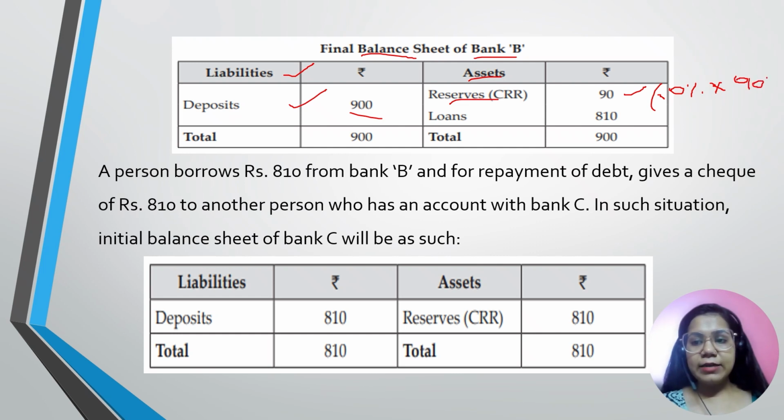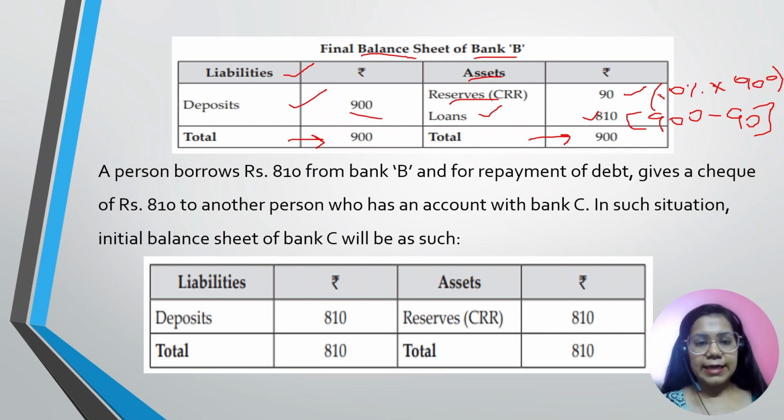That is 90. And the remaining amount will be what? It will be 900 minus 90. Yes, so this is 810 rupees. So it gives out this remaining amount as loan, or the excess reserves as loans. So you can again see the total is 900 rupees on the asset side and the liabilities side.